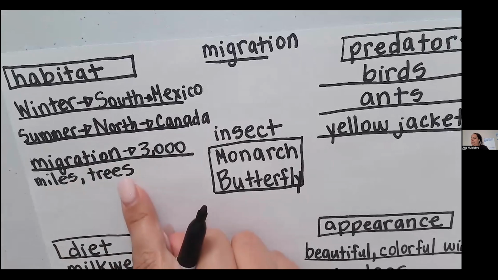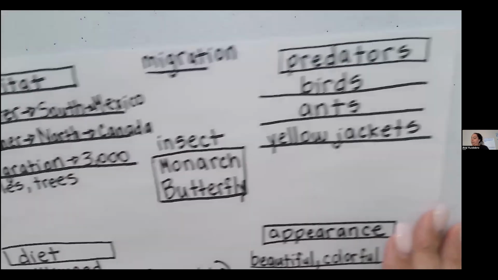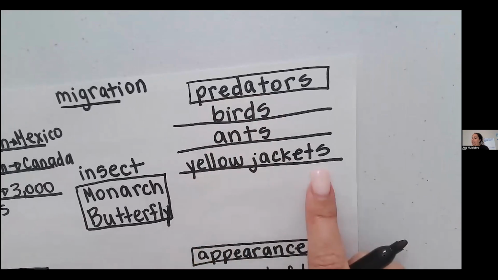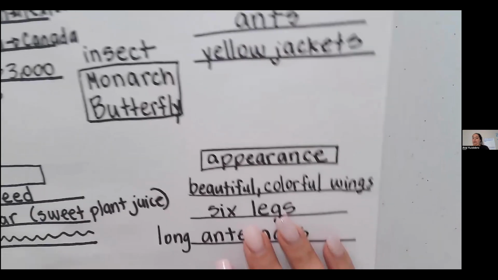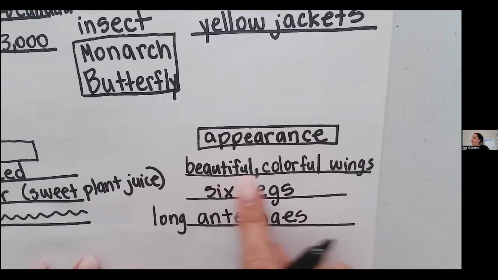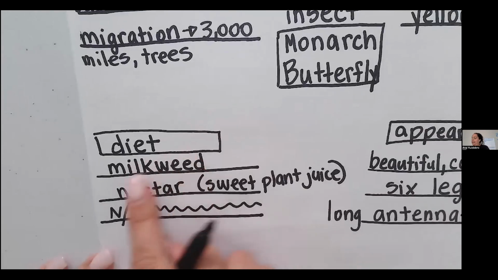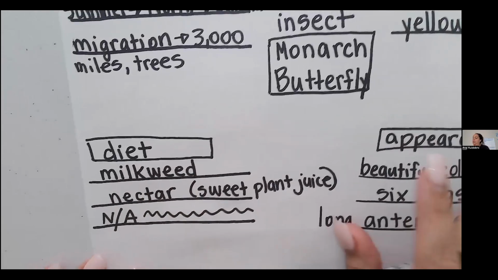And they often stay in trees. Their predators are birds, ants, and yellow jackets. Their appearance: they have beautiful, colorful wings, 6 legs, long antennas, and the diet of milkweed and nectar, and that's about it. Don't lose this.